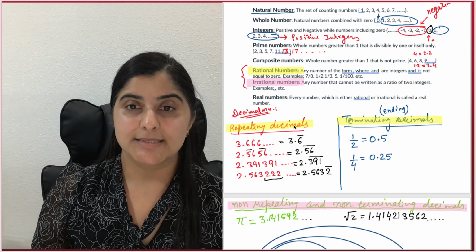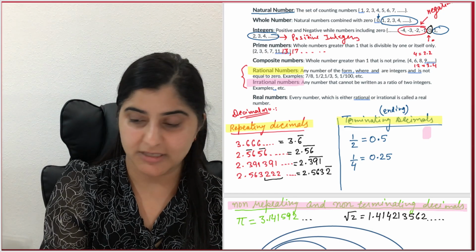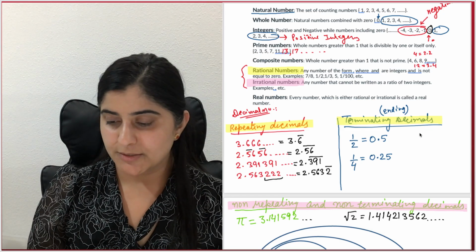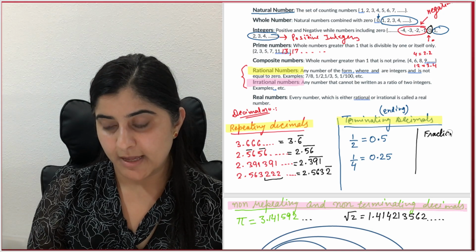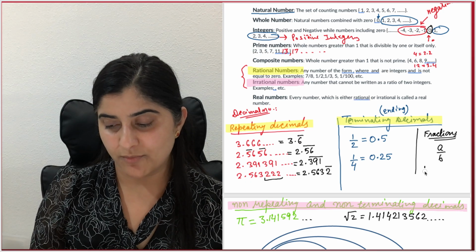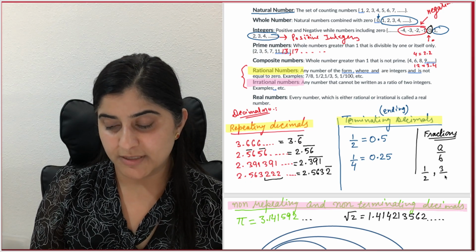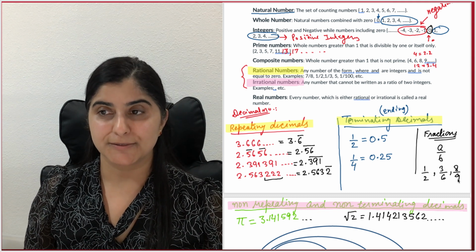So fractions are something written as a over b. Let me write down fractions. Fractions are something written as a over b, like 1 over 2, 3 over 6, 8 over 9. All these are fractions.